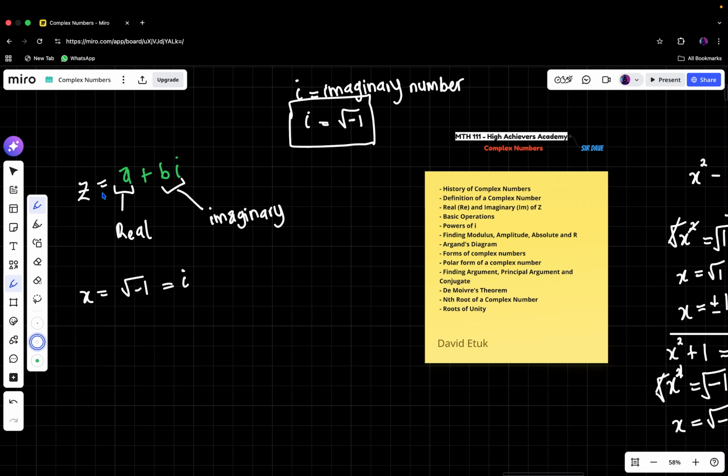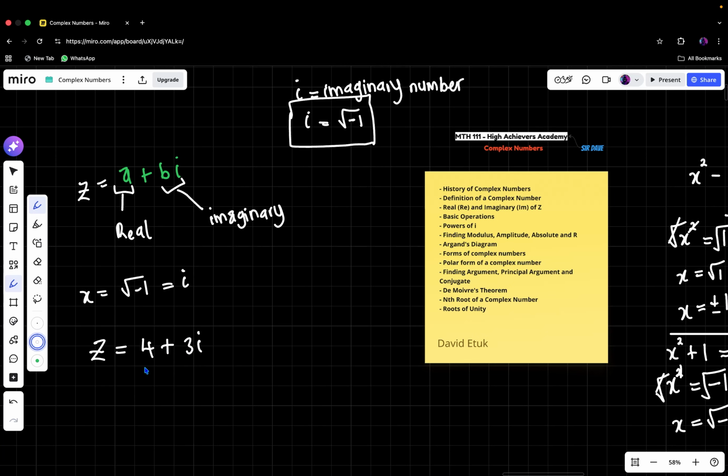Now, when I say the complex number denoted by z is equal to a plus bi, what I simply mean by that is it contains a real part a and an imaginary part b. So let me give you examples of complex numbers. If I say z is equal to 4 plus 3i, this is a complex number.